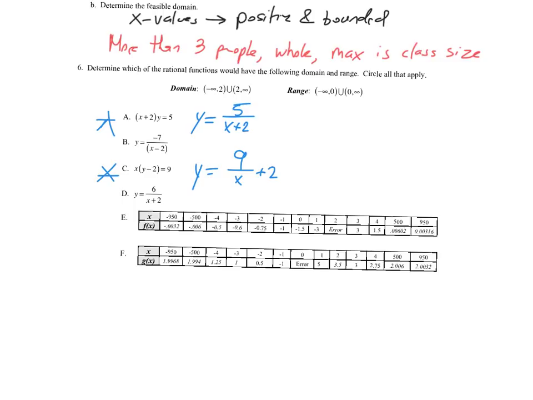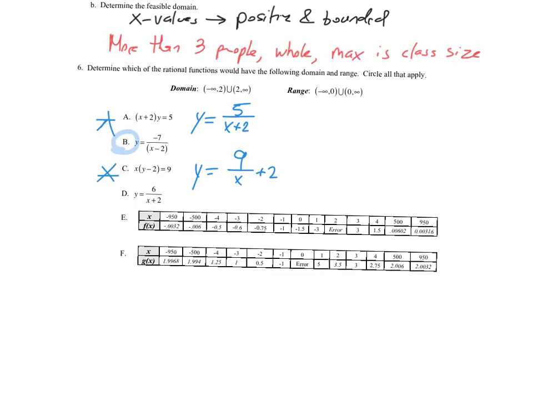Well, A seems pretty likely, so I'm going to circle that one. B, there's nothing being added onto it, and it doesn't allow for 2. Ooh, I just realized a mistake I made on the previous one. This one is at -2. This one's at +2, so good thing I'm paying attention to this and catch my mistakes.